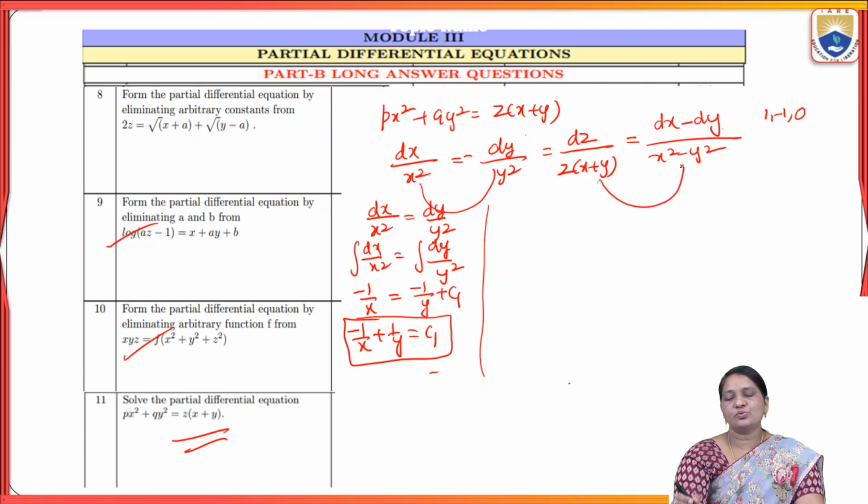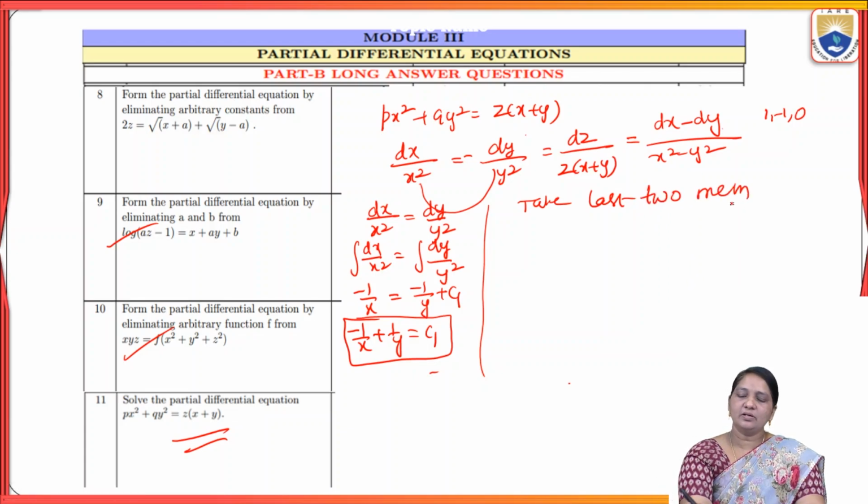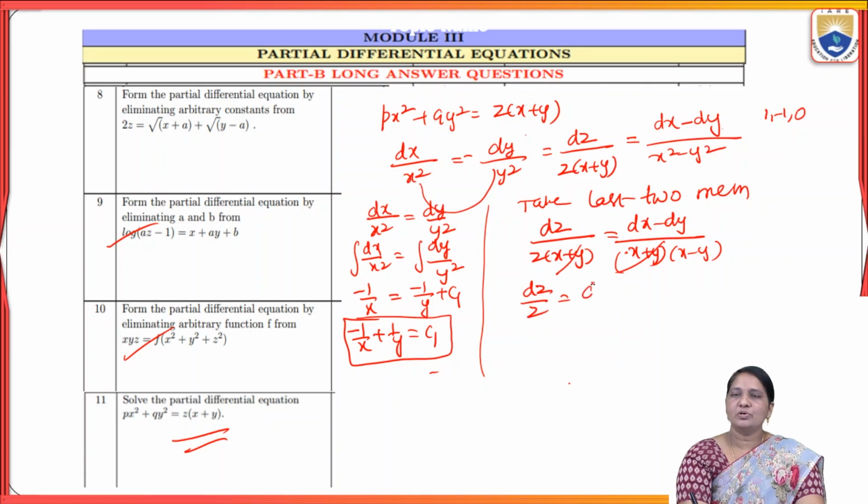Now I take the last two members: dz/(z(x + y)) equal to (dx − dy)/(x² − y²), which is of the a² − b² form, so (x + y)(x − y). Here x + y will be cancelled. So dz/z equal to (dx − dy)/(x − y).